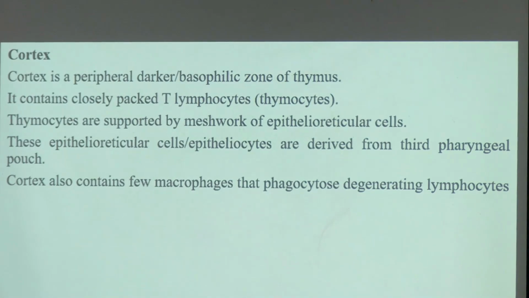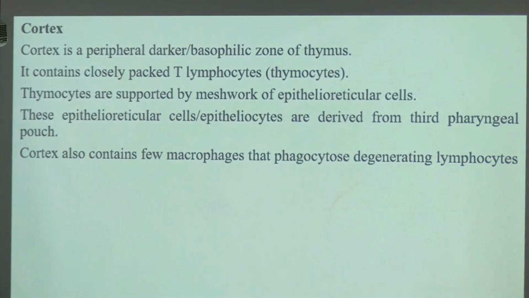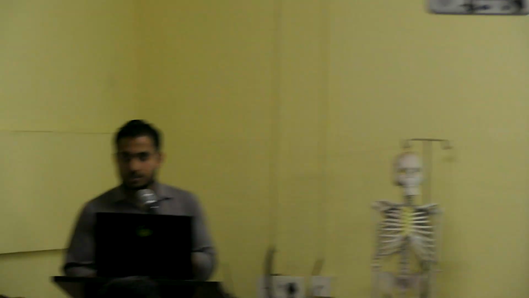Let's discuss this in detail, or else there will be some doubts. First of all, if you see the cortex, it is peripheral, darker, basophilic. In case of thymus, it contains closely packed T lymphocytes. Always keep that in mind. In thymus, different types of lymphocytes are not there.